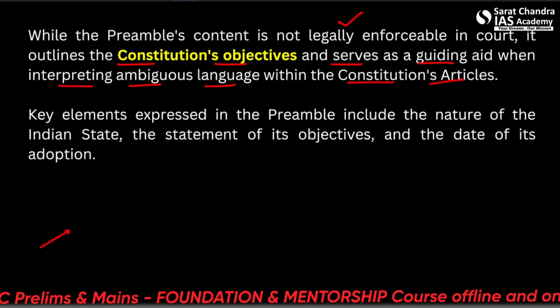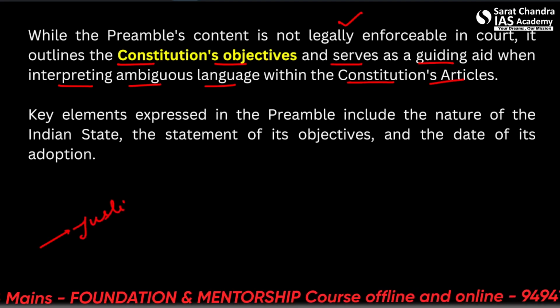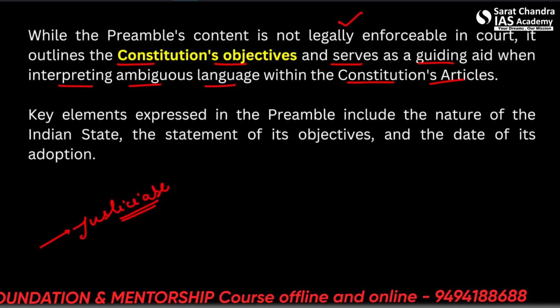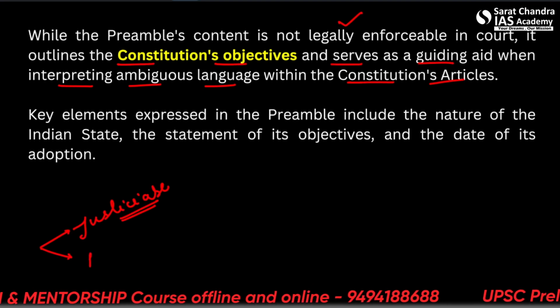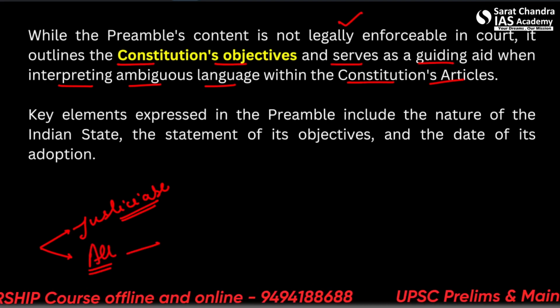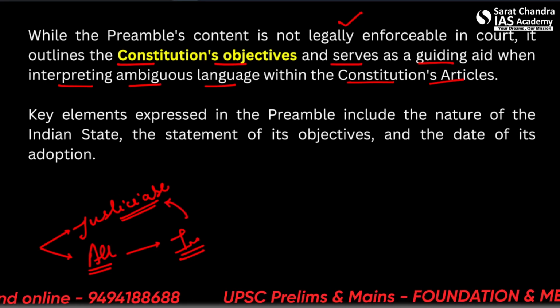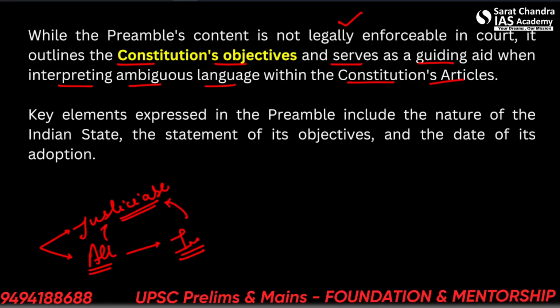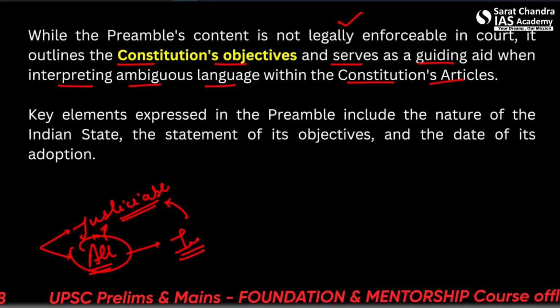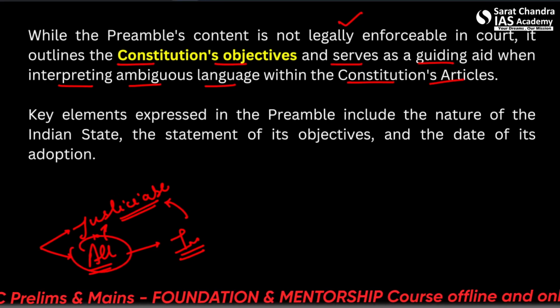That means it might not be justiciable itself, but it is the source and the base of all the interpretation that forms the justice. So it is not directly justiciable, but indirectly it is the base of the justice that India allows.